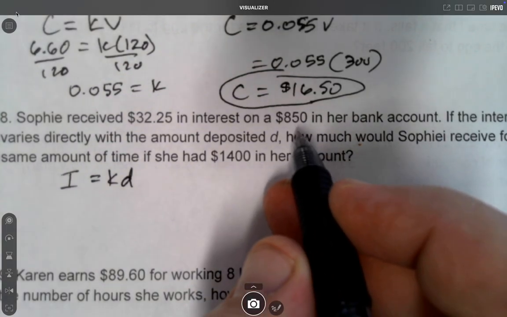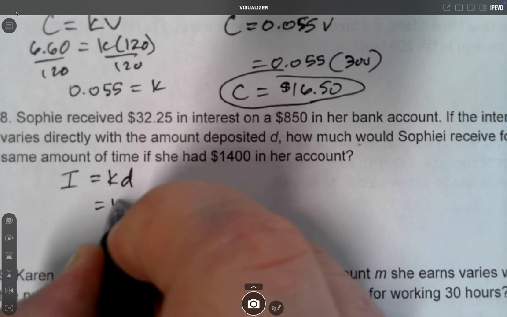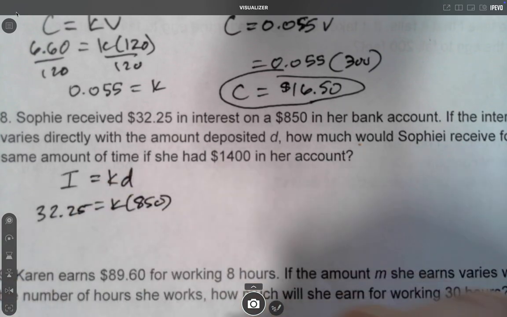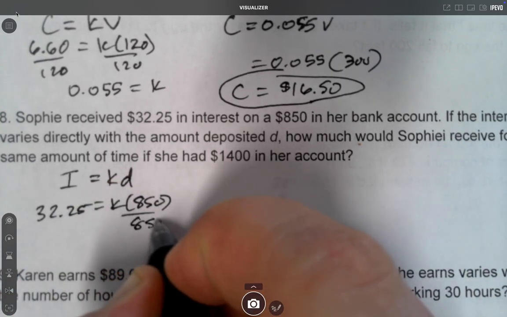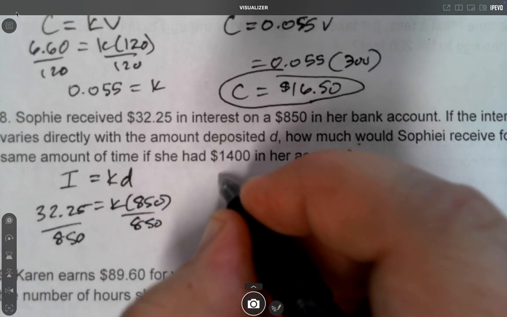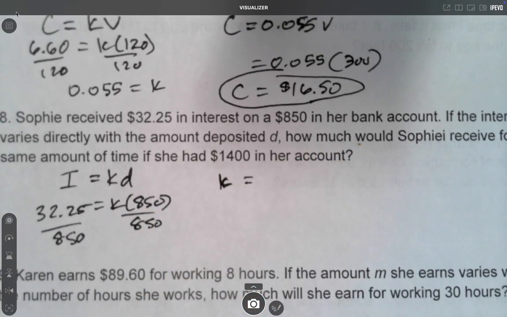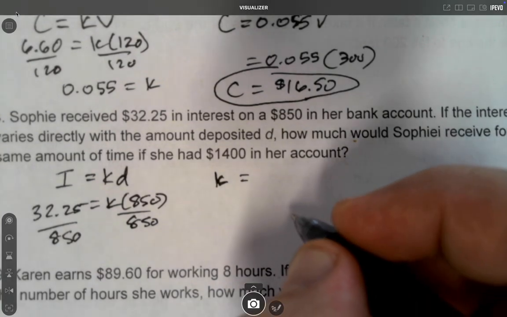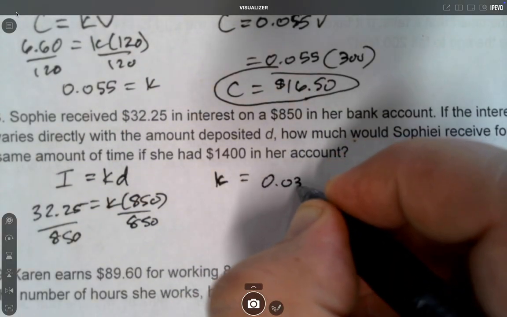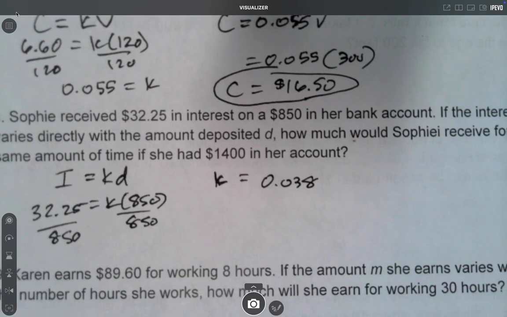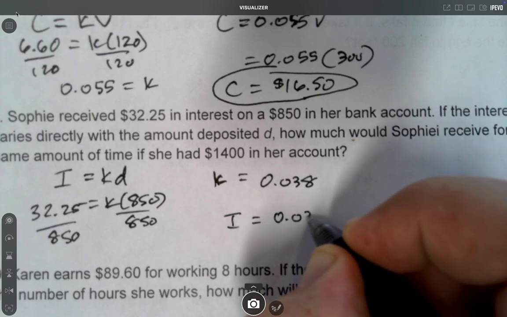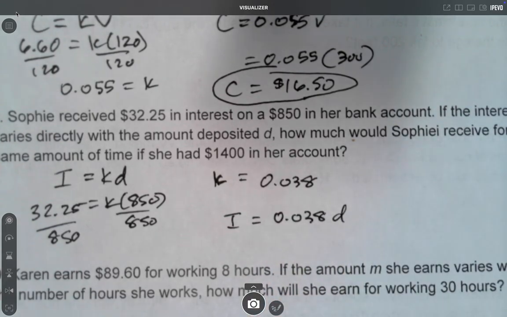Okay, so $850 is the deposit, so we put that in for D. $32.25 is the interest, so we divide both sides by $850. Okay, so we get about 0.038, which means she's getting a 3.8% interest rate. So our equation would be I equals 0.038 D.